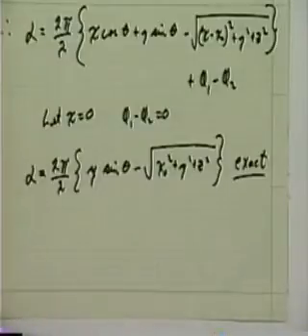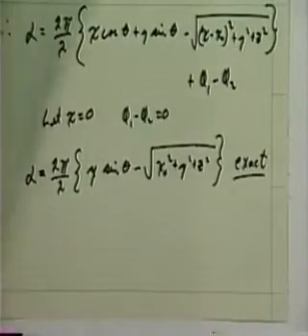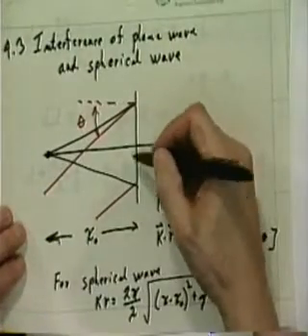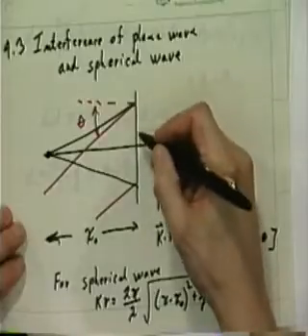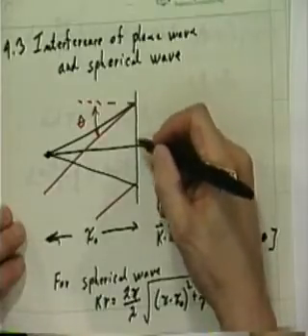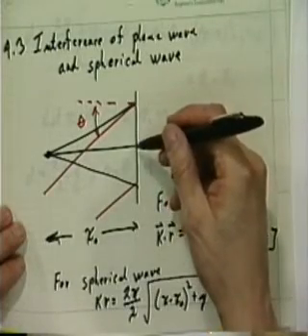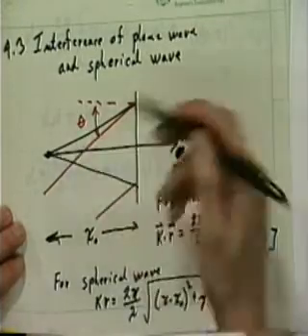Okay, so now coming back to this drawing here, we're going to pick a region where dimensions in this plane are small compared to the distance from the plane to the point source.